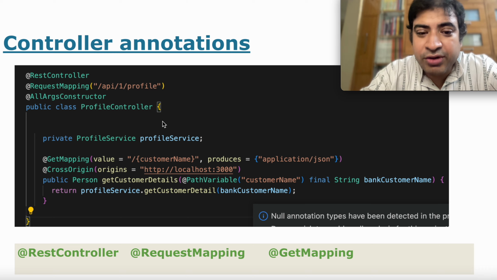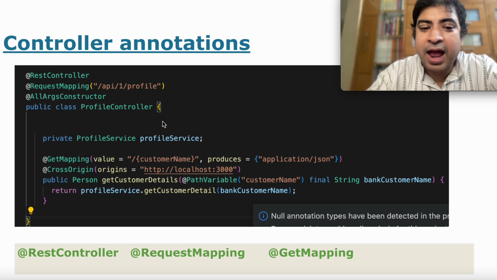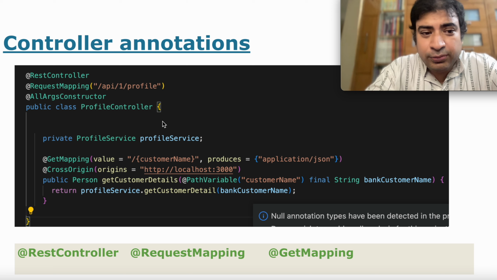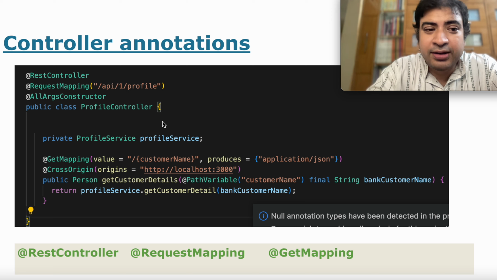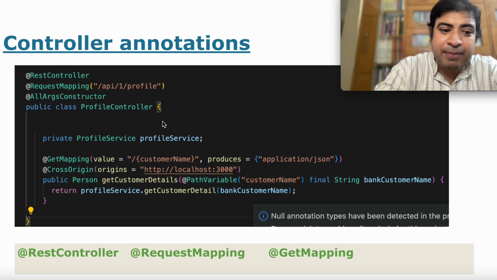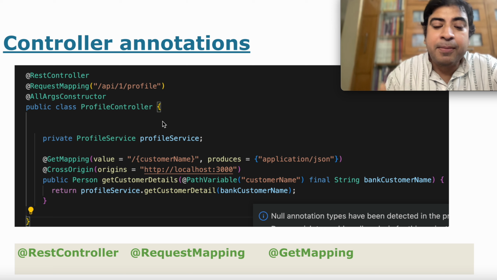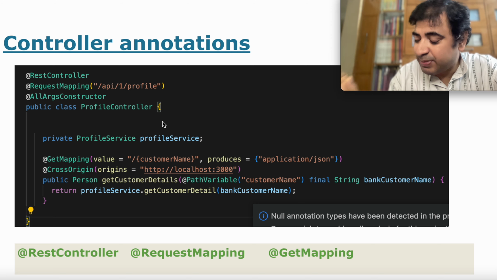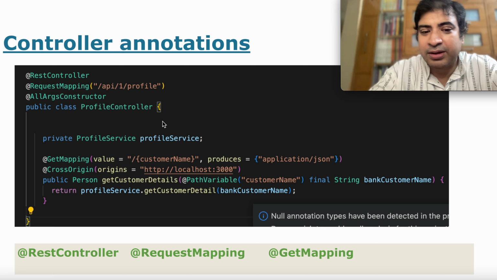That dynamic string is in the path parameter, and that would be accepted by Spring Boot. So that's what @RequestMapping and @GetMapping in a combined way do. They basically redirect any HTTP traffic which is meant for API/1/profile/ any specific string to this particular method.